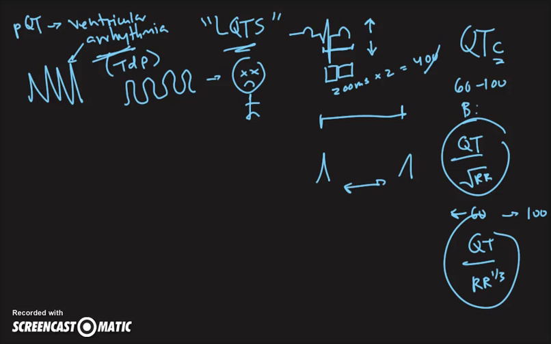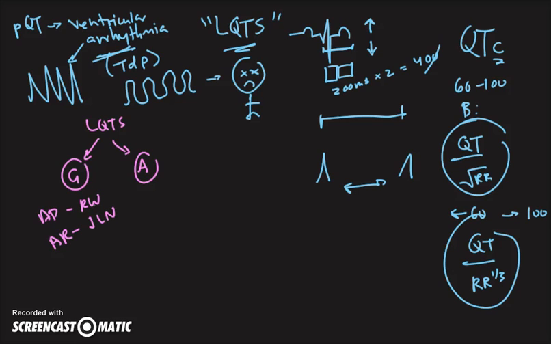Now, in prolonged QT syndrome, there are two categories. There's either genetic or there's acquired. And the genetic, we know, like the Romano-Ward syndrome or the Jervell and Lange-Nielsen. This is autosomal dominant, and this is autosomal recessive.